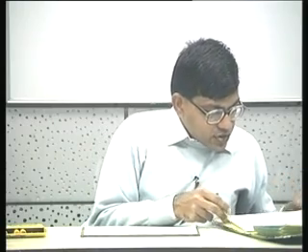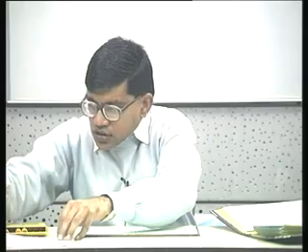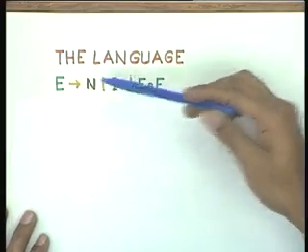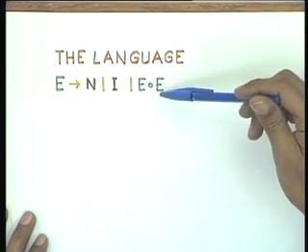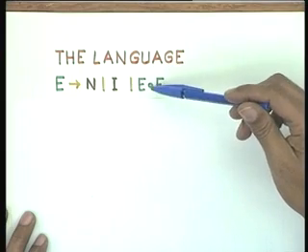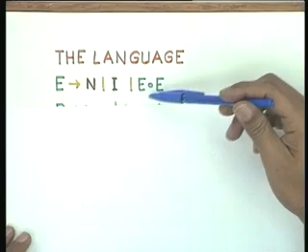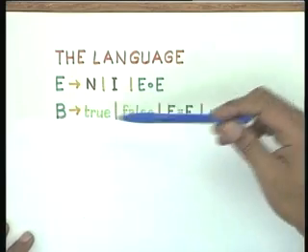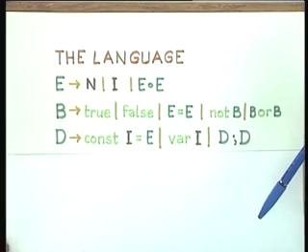So, let us look at the language today. I will just take this very simple language. We have an expression language consisting of numerals, identifiers and binary operations. For the present, I will assume that these binary operations are fully defined, none of them is a partial operation. We have the usual booleans maybe, and we have declarations.